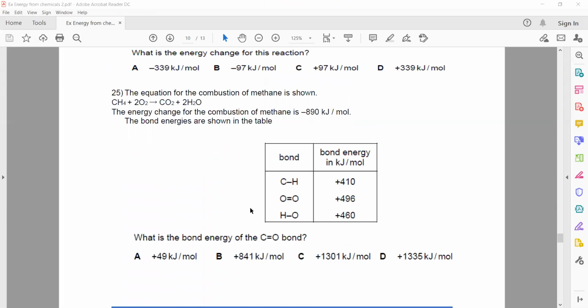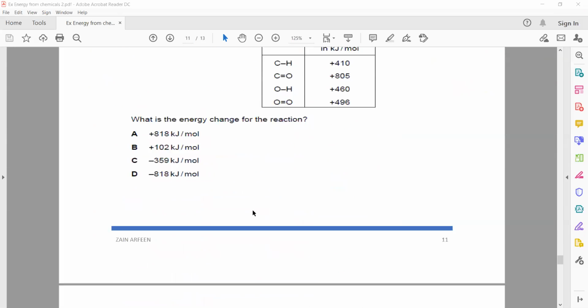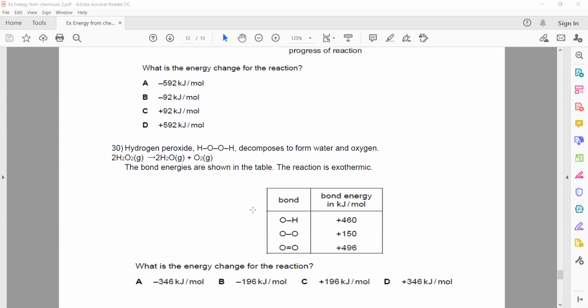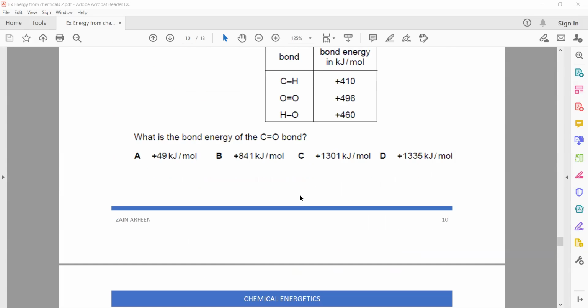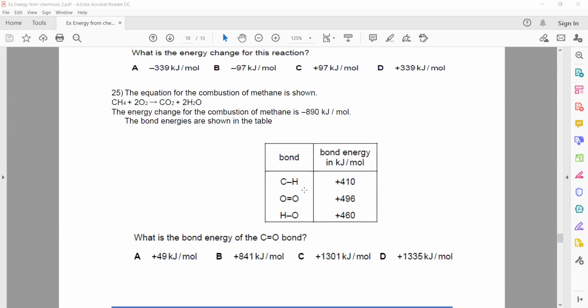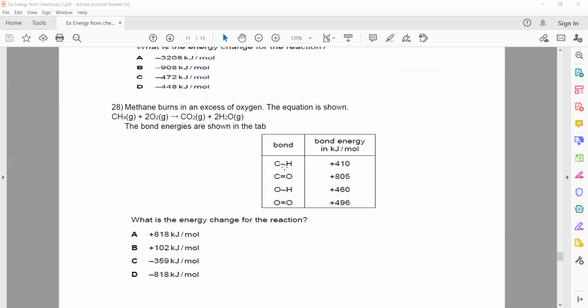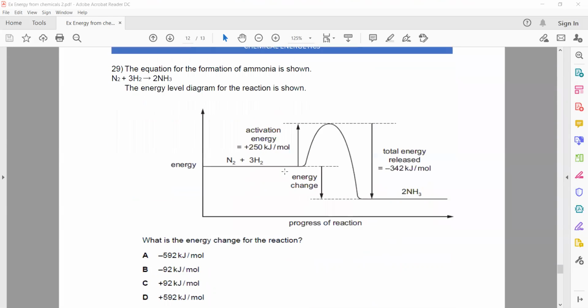From question 25 to question 30, any doubt? Question 29. The activation energy and the energy change.